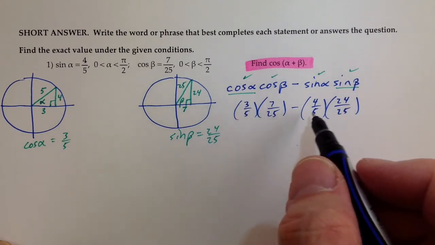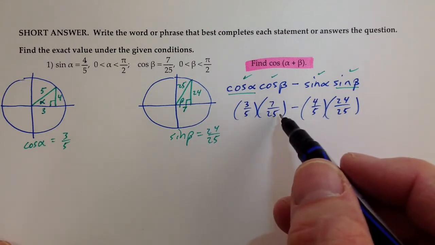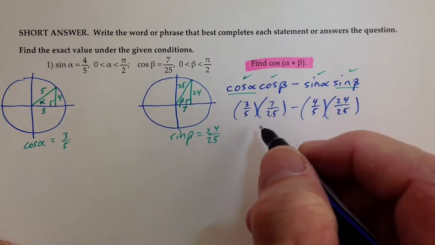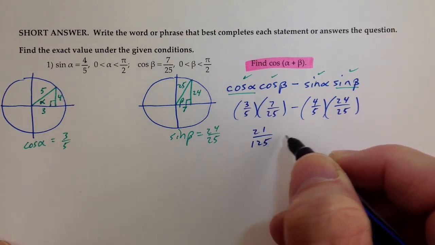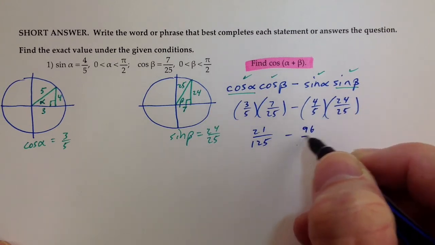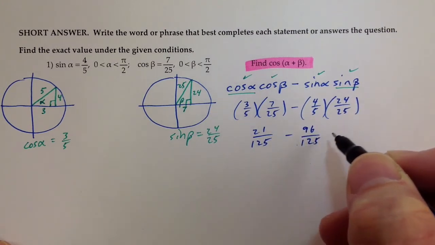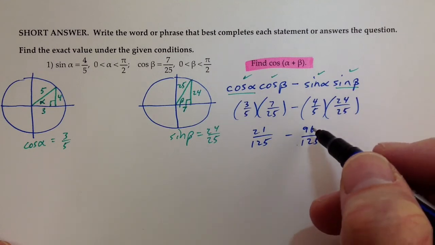Doesn't look like anything cancels. 5 times 25 is 125, so we have 3 times 7, 21 over 125, minus 4 times 24 is 96 over 125. Did I get that right? 4 times 25 would be 100, so minus 4, so yeah, 96.